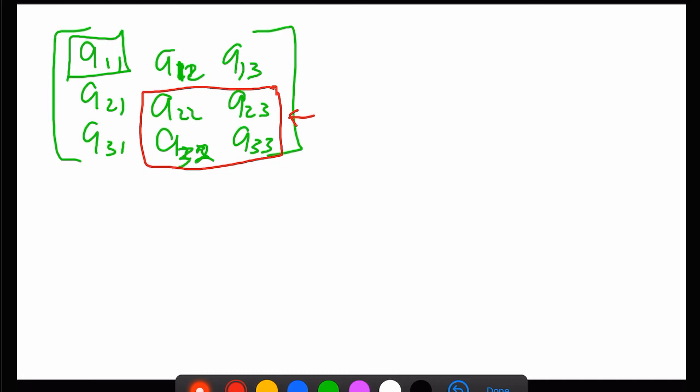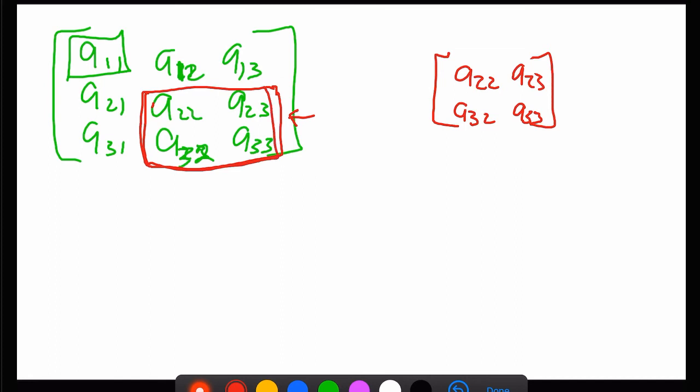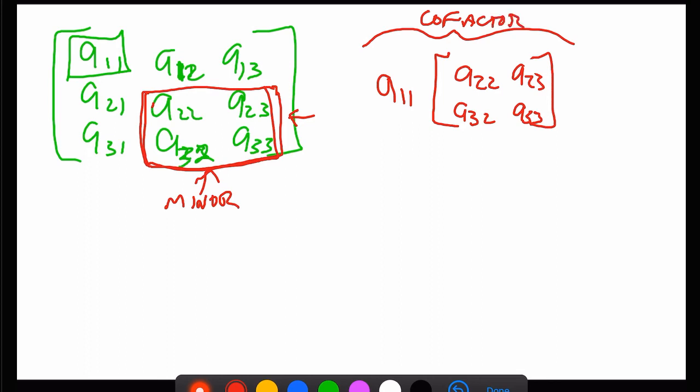Okay. So this matrix is a minor of the whole matrix. And when I take the A11, so this is a minor, when I take the A11 and multiply that thing out, this whole thing is called a cofactor. Is that exciting?